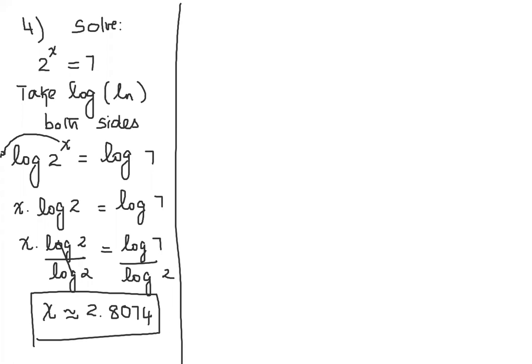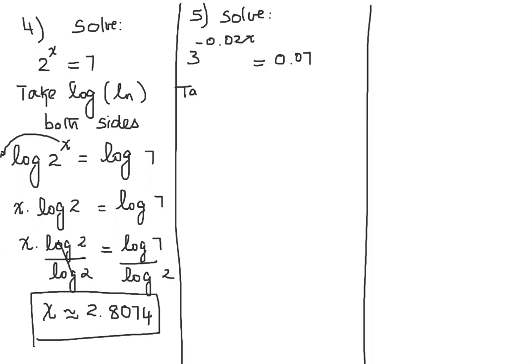So let me solve the next example, number 5. So we have 3 to the power negative 0.02x. Now we can convert. I'm going to take ln on both sides to show you how to take ln.